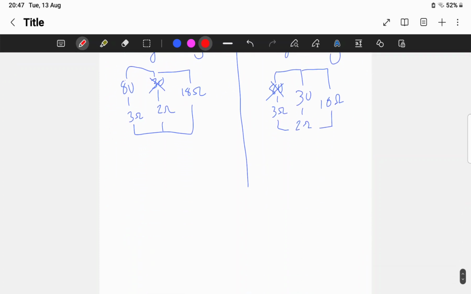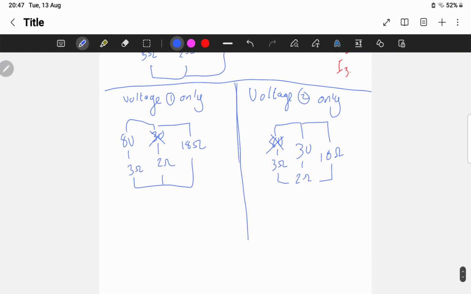Okay, so we have these two circuits, right? This is your I1, I2 and I3, right?